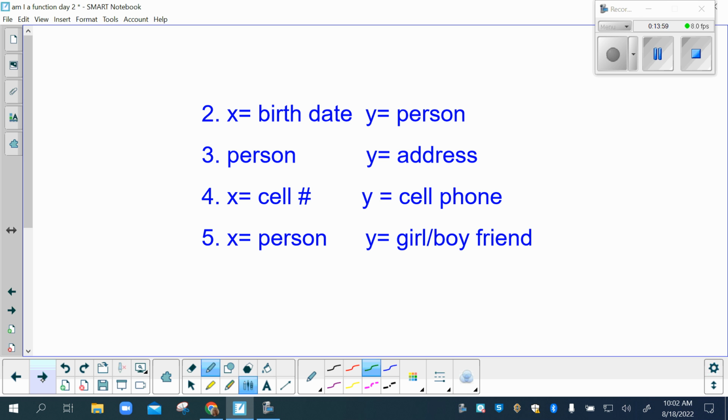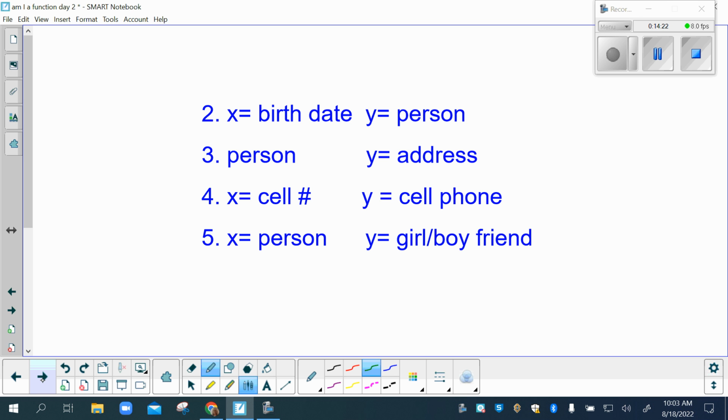How about number 4? If I dial a cell phone number, how many phones will ring? Only 1. I think it would be crap if like 18 phones rang. If someone in another country picked up and said hello, I'd say, no, I'm trying to call Thomas, right? I think that one is a function.